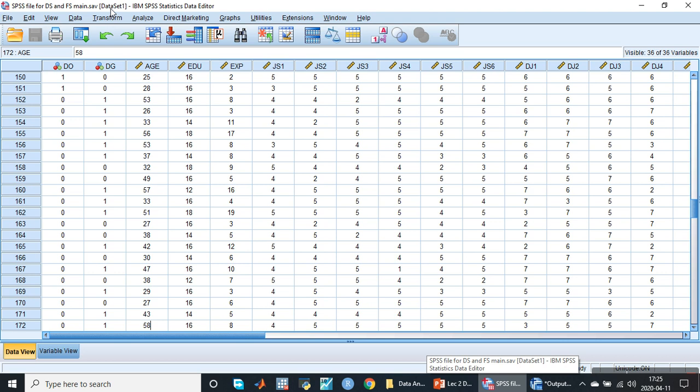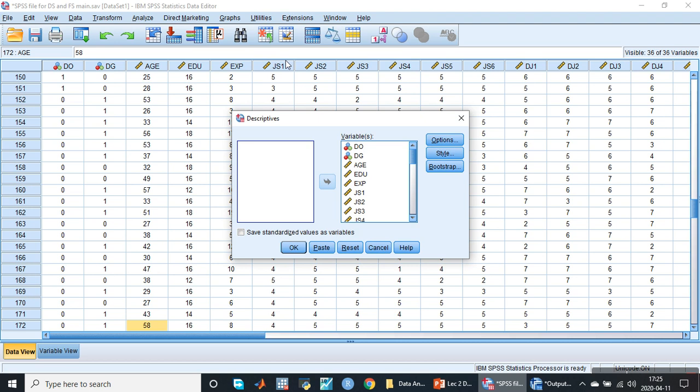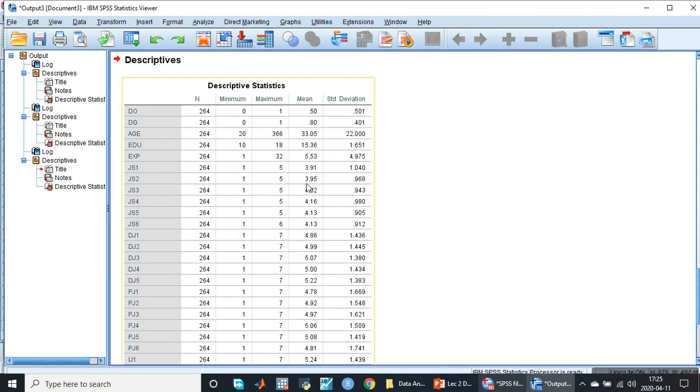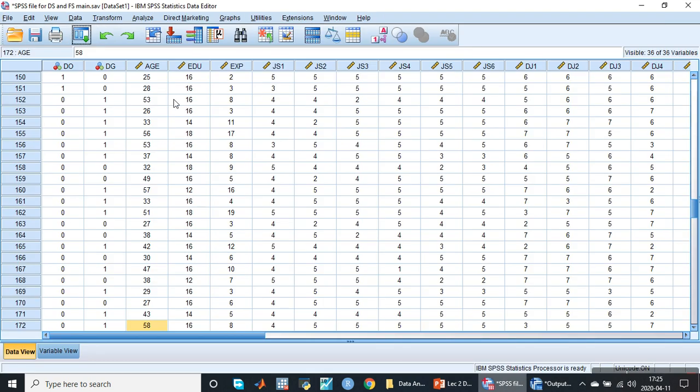Now again go for the analysis, descriptive statistics, descriptives, and okay. Now again there is another error, 366, because the age of an individual cannot be 366. The experience shows that the maximum age here in Pakistan may be 80-90, but not 366. So it is another error. We must rectify it as well.